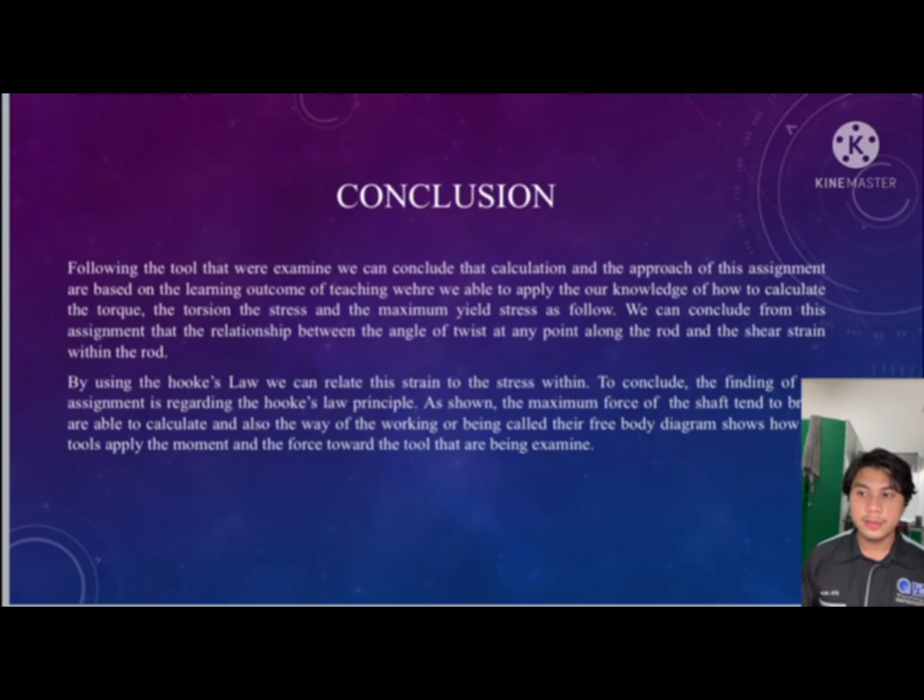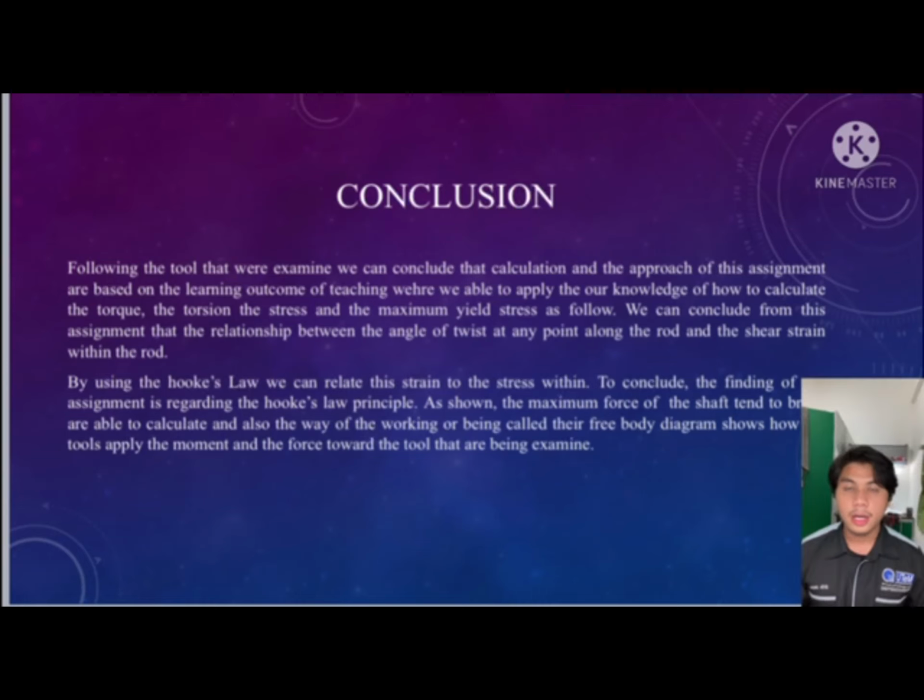To conclude the finding of our assignment, it is regarding the Hooke's law principle. As shown, the maximum force at which the shaft tends to break can be calculated, and the free body diagram shows how the tool applies the moment and the force toward the tool being examined.